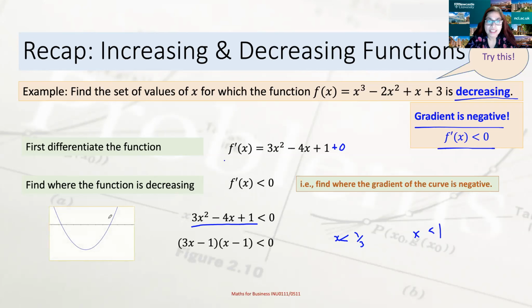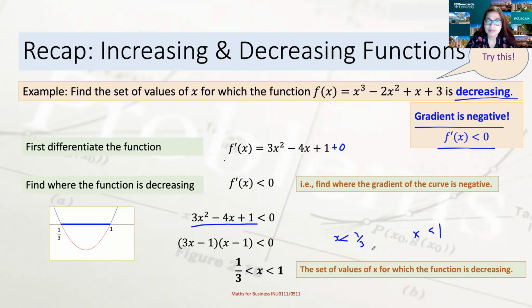That means the function is decreasing between 1 over 3 and 1. Good. The set of values of x for which the function is decreasing.